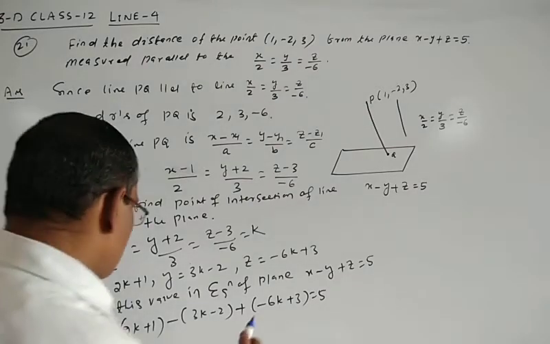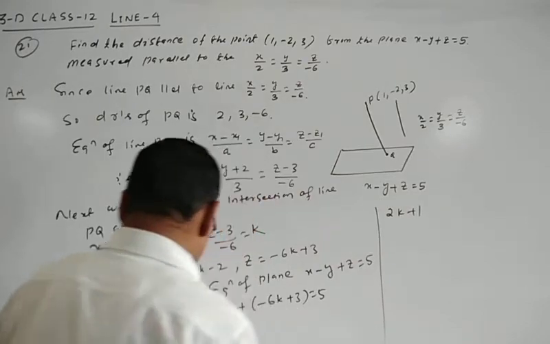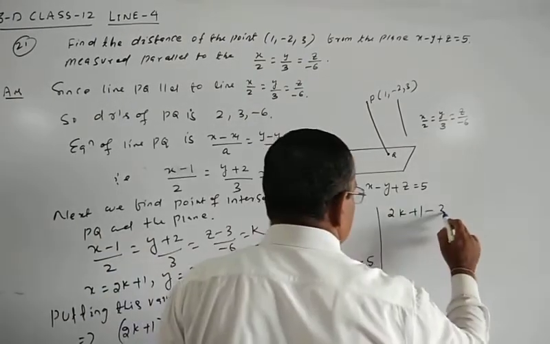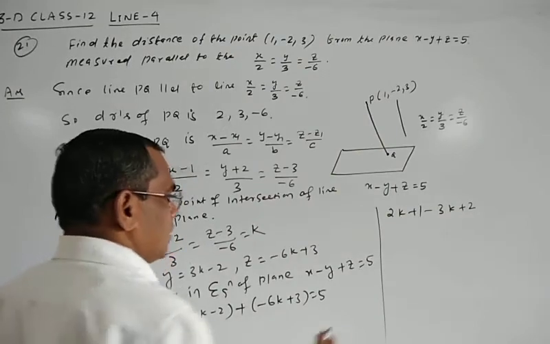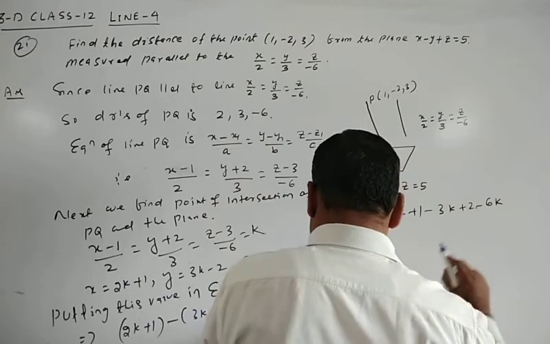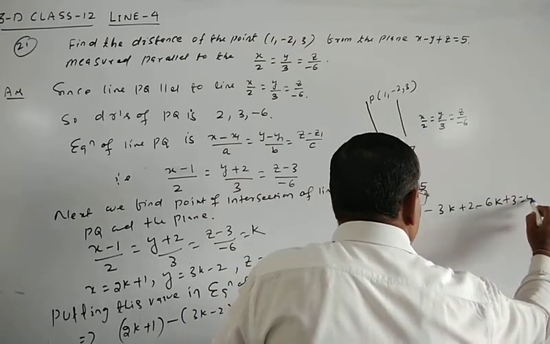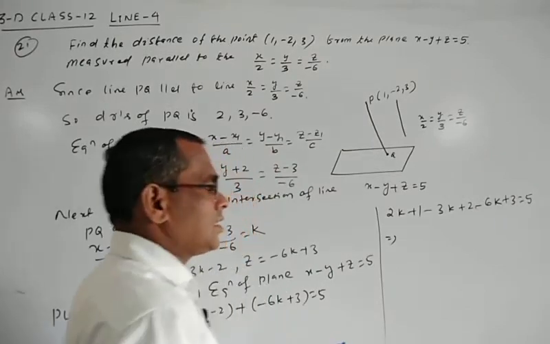So 2k plus 1 minus 3k plus 2 minus 6k plus 3 equal to 5.